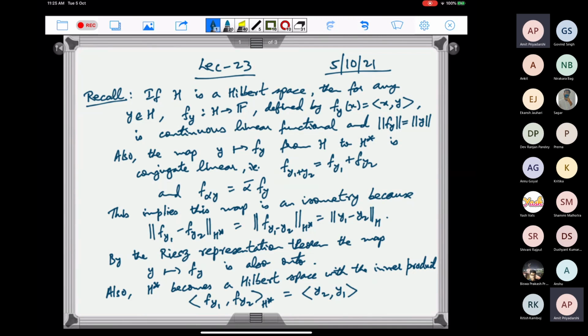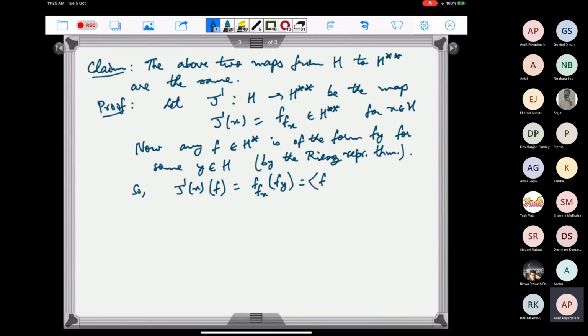So this will be the inner product of f sub y with f sub x. Note that this inner product is in H star, because these are elements of H star. And how is the inner product defined on H star? This is equal to the inner product of x with y.